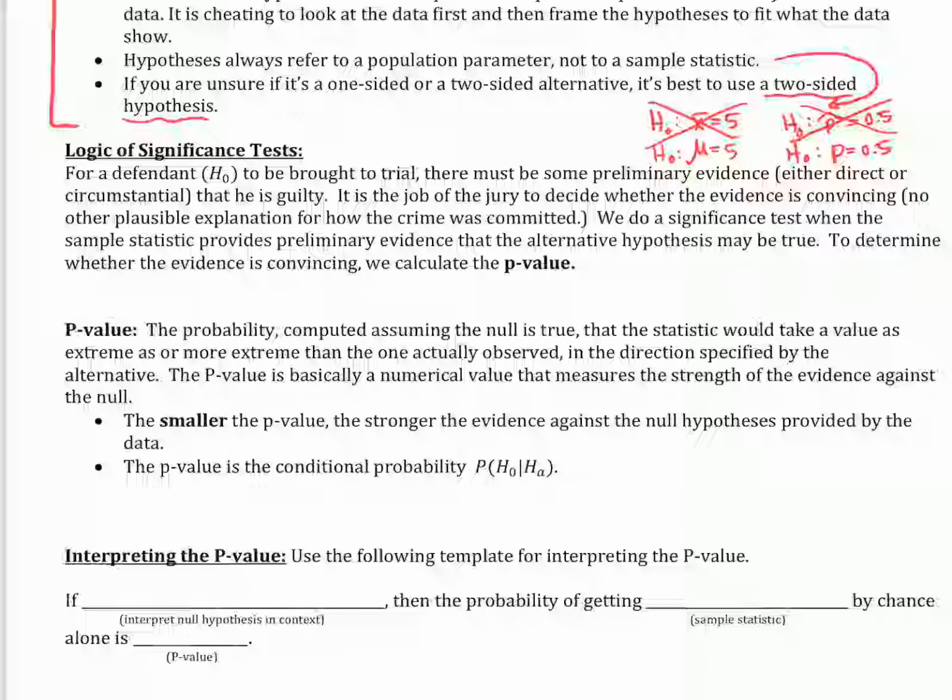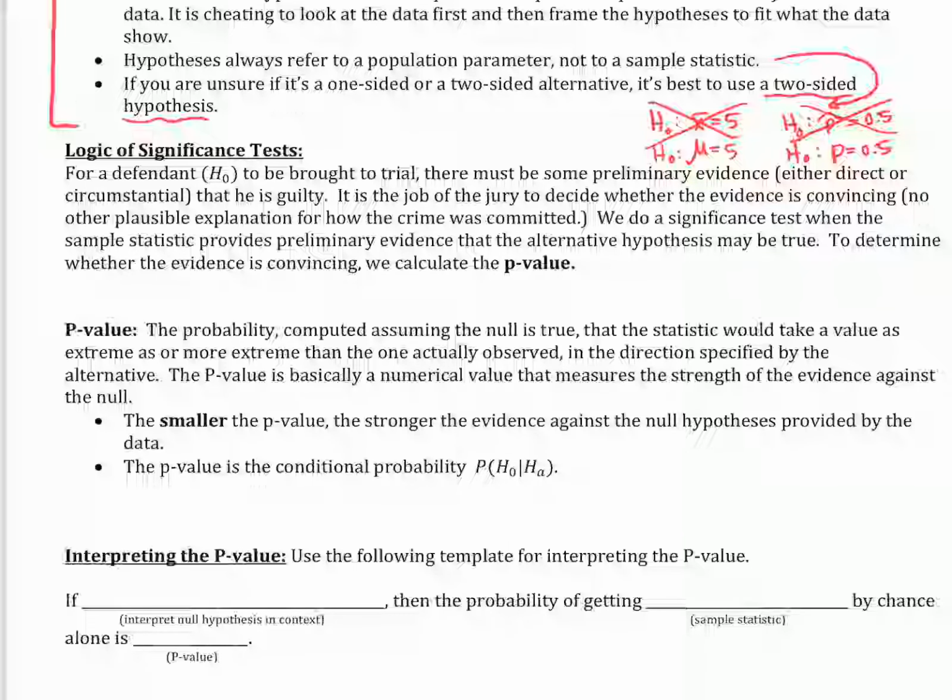We have a suspect, and he's been charged with this murder, and now he's in criminal court, and each representative of the parties is going to present evidence to the jury, and then the jury is going to decide whether this evidence is convincing or not in order to convict this person of a crime.